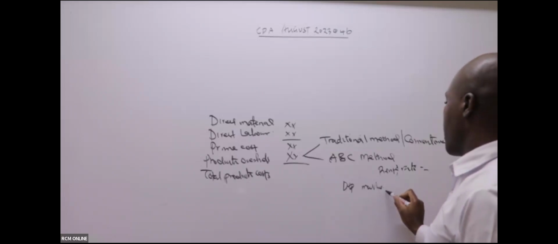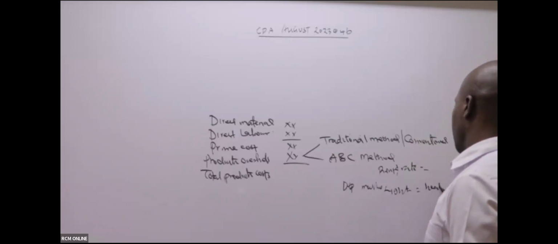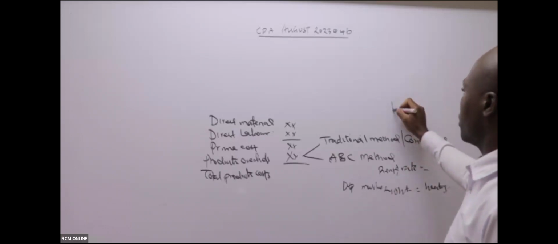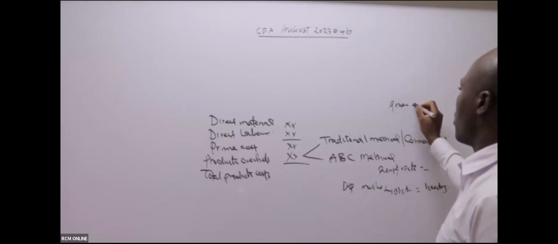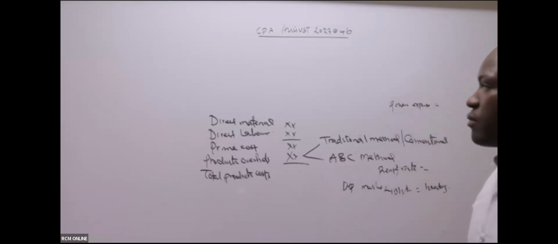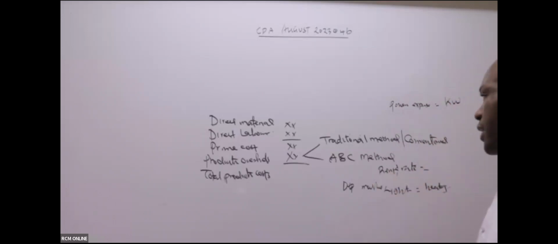If you want to look at the heating and lighting expenses, you'll be looking at heating points, right? Power consumption, if you want to distribute power expenses, you'll be telling us kilowatts that have been utilized under each item, right?